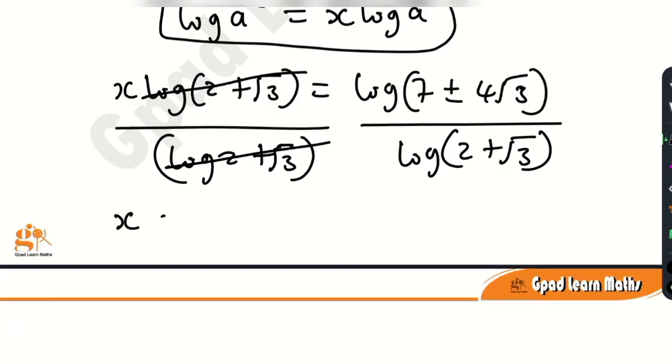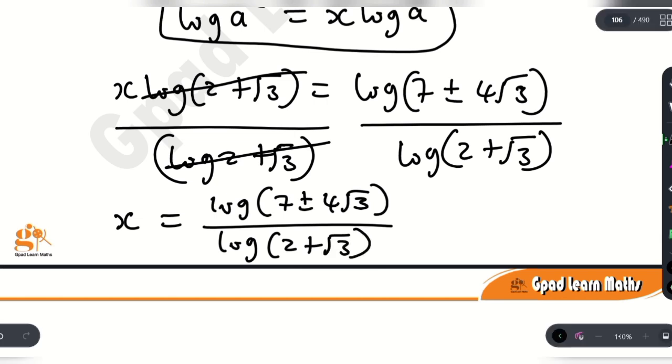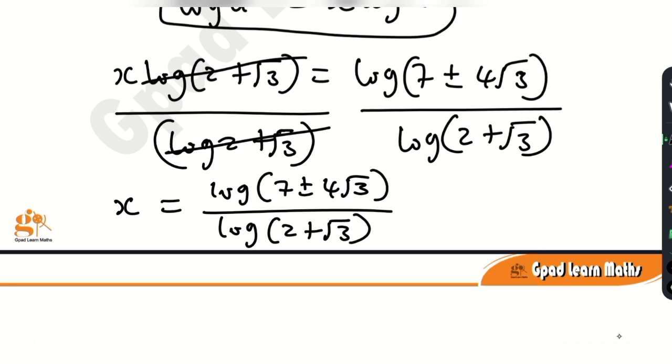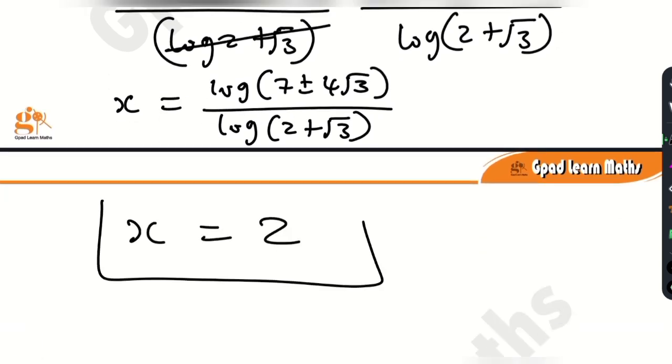And then you have x is equal to log into bracket 7 plus or minus 4 root 3, all divided by log into bracket 2 plus root 3. Now, if you put all of this into a calculator, you are going to surely get the value of x as 2. Hence, 2 is the value of x that will satisfy the equation.